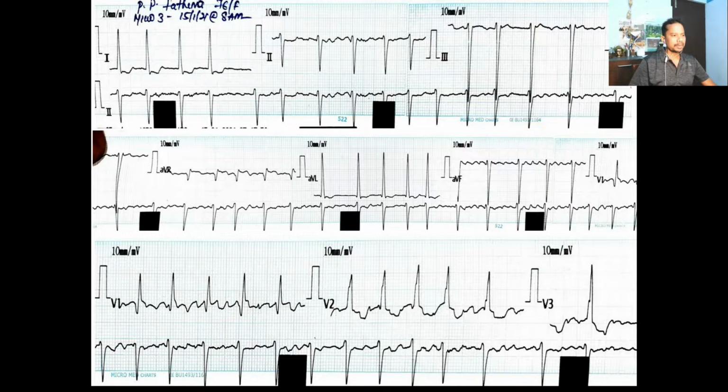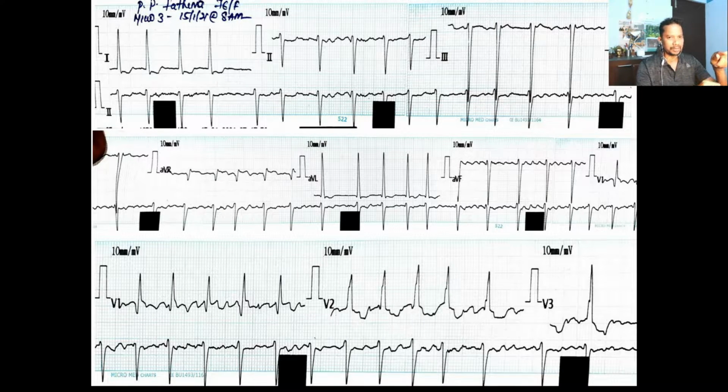Now, one more thing you have to remember is many times we make a mistake: we say if the P wave is visible, it's a normal sinus rhythm. It is not true many of the times, because a normal sinus rhythm is when the impulse is coming from the SA node. In that case, you will get a very good positive P wave in lead 2 and a biphasic good P wave in V1, where the left and the right atrial components are separated because it's biphasic.